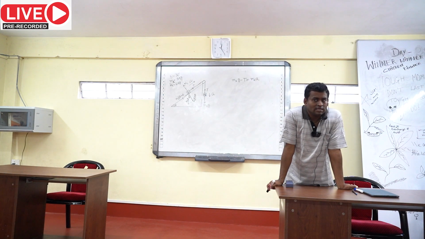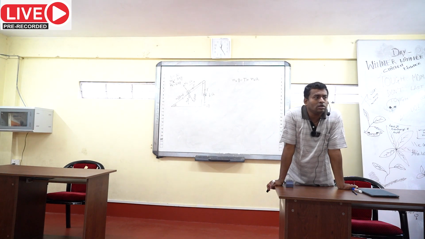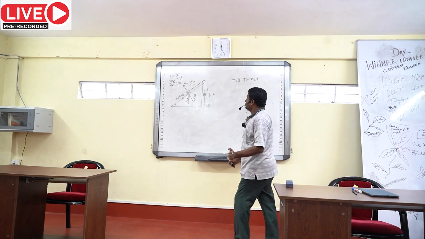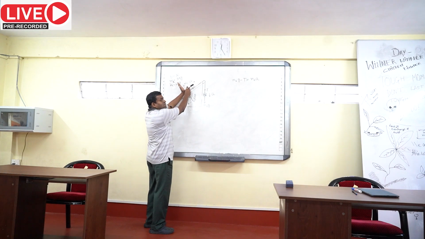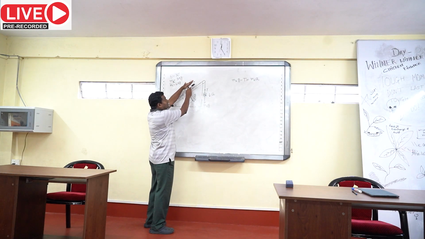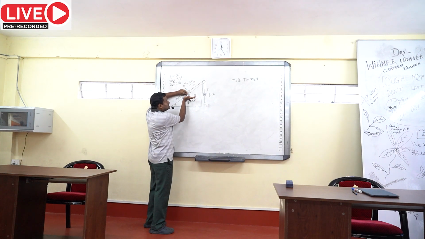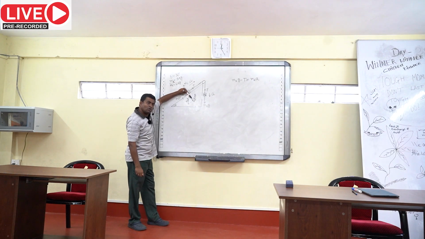Any vector, if it is perpendicular, has no effect in its 90-degree direction. So N1 is perpendicular to the direction of acceleration, so N1 will not affect this acceleration. Similarly, m1g cosine theta is also perpendicular to the acceleration of m1, so it will not affect the acceleration of m1.